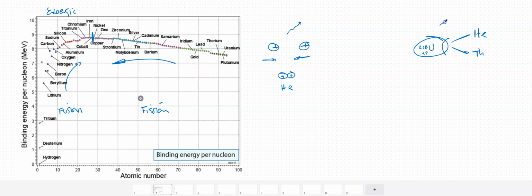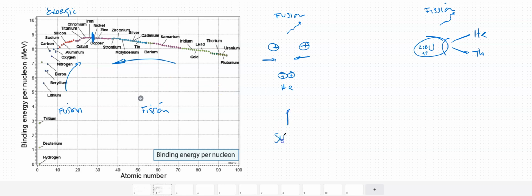Then that also gives you energy. Again, this is fusion and fission. And the reason is because this is more stable. Nickel is where you have more energy per nucleon. It's where the nucleons are, again, more comfortable being together.